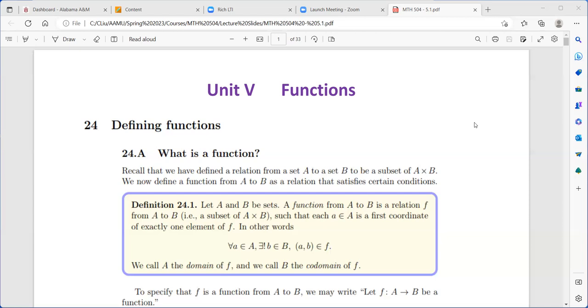Okay. So the first thing to recall is that we define a relation from set A to set B to be a subset of A cross B. Remember, what is the definition of the product of two sets? This is a general definition that can be applied in many topics in mathematics.